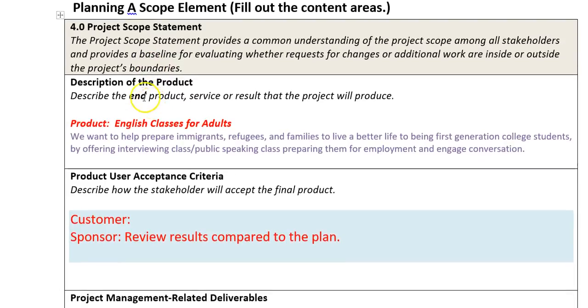So here's an example of Jack's project. If I were to describe the end product that his project will produce, he is producing English classes for adults. And I went back to his charter and picked out a nice little sentence that describes that in a little more detail.